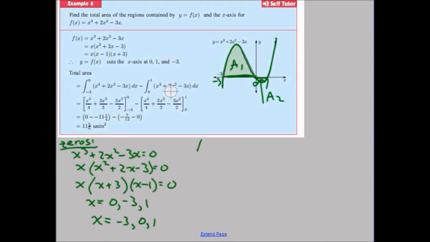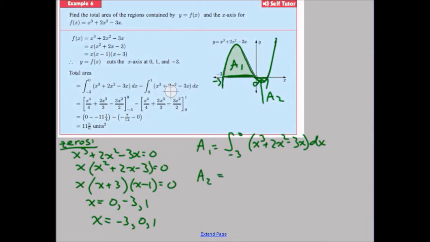Okay, so area 1 equals the integral from negative 3 to 0 of this function. And we can do that out.